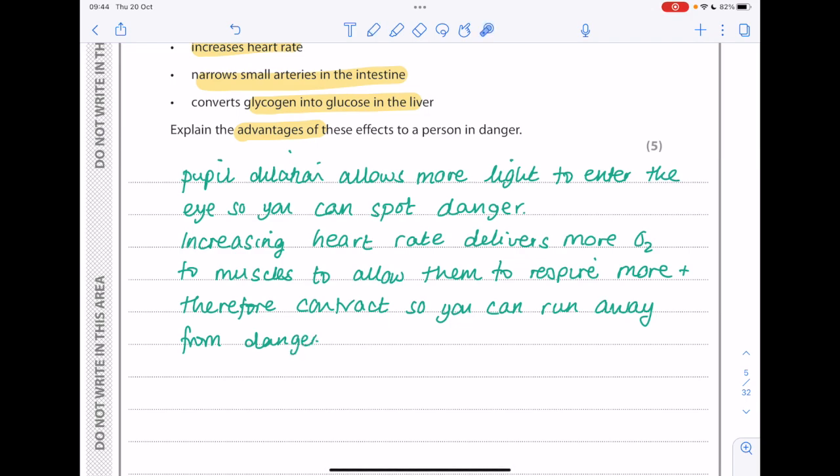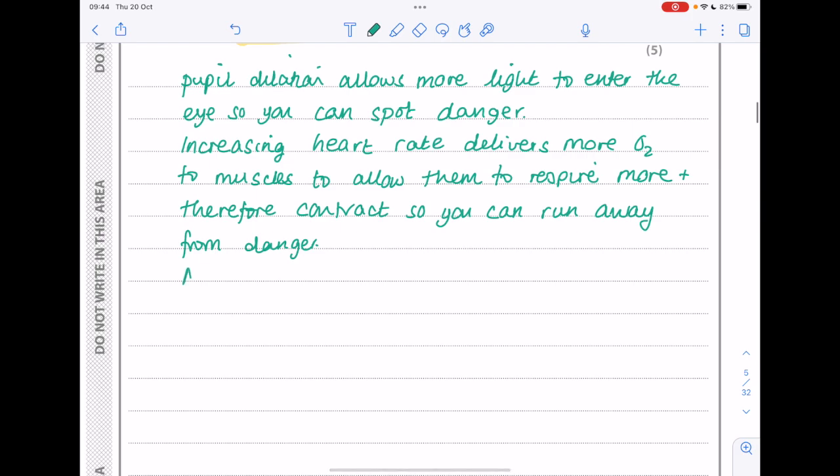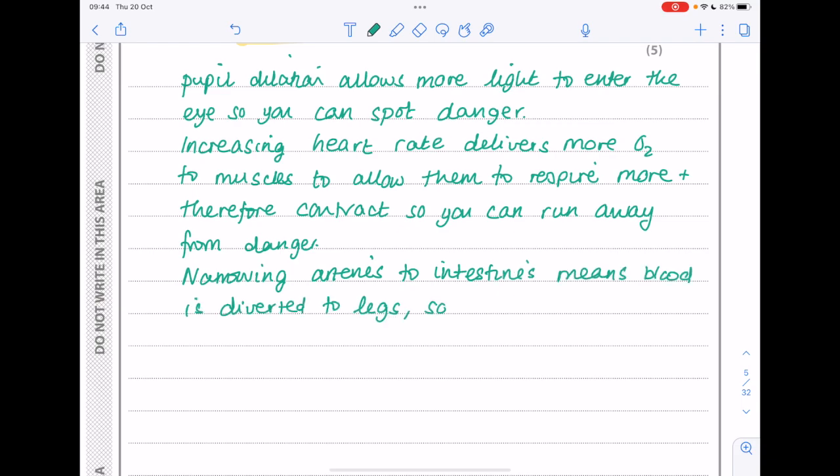This narrowing of the small arteries in the intestine means that blood is diverted to the muscles, which again ties into our previous point. And that means some more oxygen and glucose is delivered.